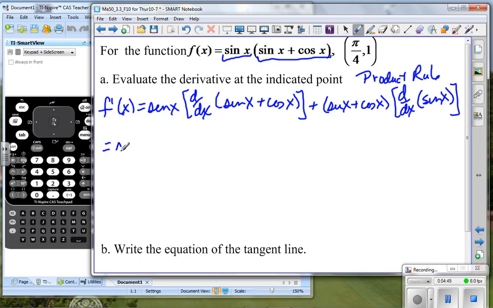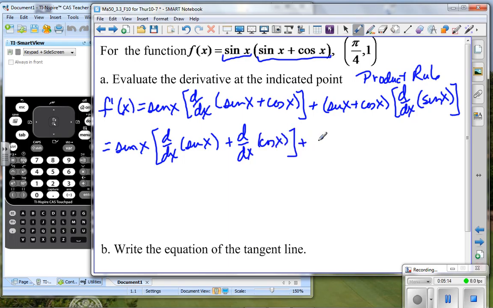So we have sine x. Now at this point, the derivative of this is actually the derivative of sine x. So I'm going to go ahead and put that step in also, sine x, plus the derivative with respect to x of cosine x, plus, and then we have sine x plus cosine x, and then the derivative of sine x.